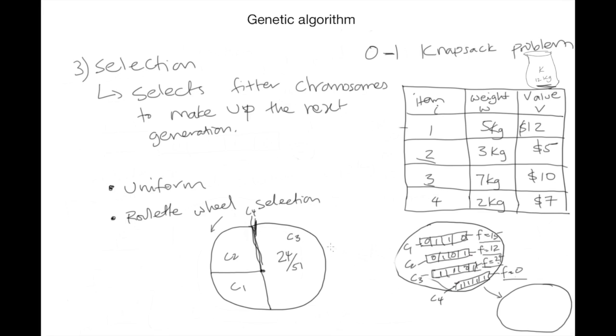So let's say in the first spin, we might see C3 getting selected, then C1, and then probably again C3, and just to make it interesting, let's say C2 somehow manages to get in. So this could be the makeup of the individuals which are selected for the next generation.